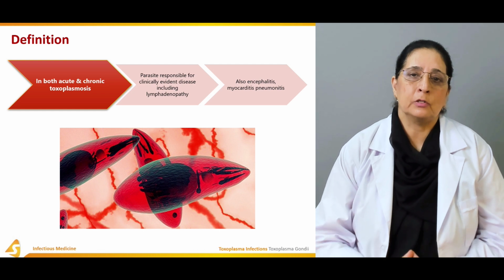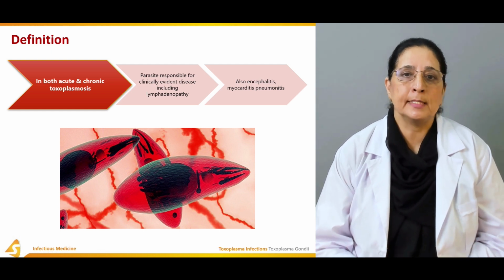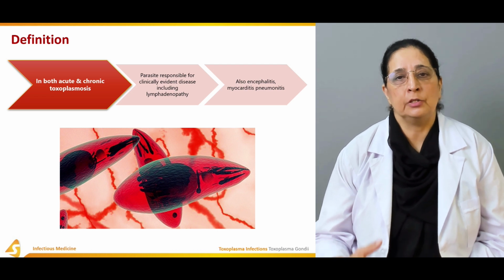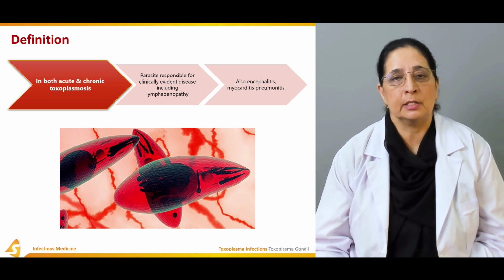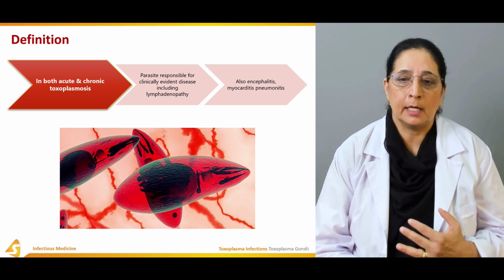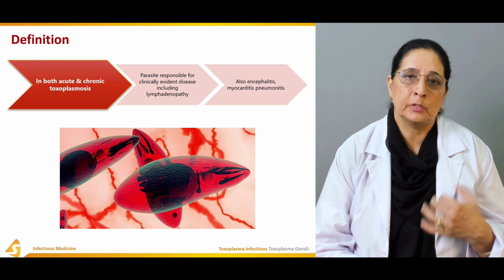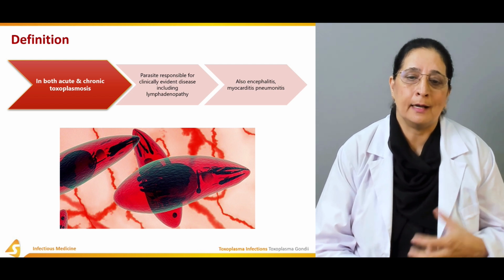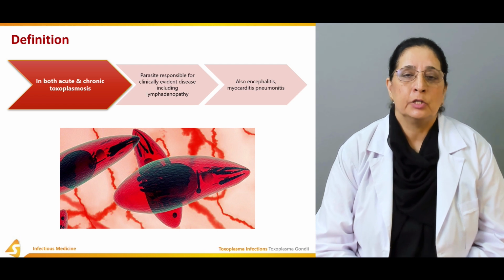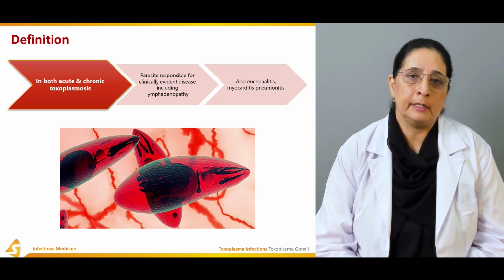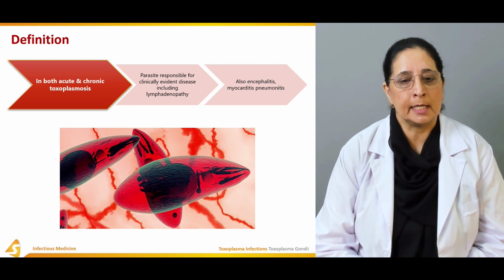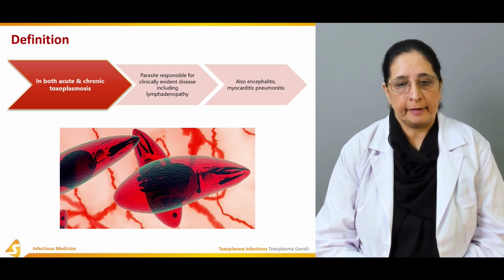So once toxoplasmosis progresses, it can cause serious manifestations. It involves the heart, lungs, and brain, and the lymph nodes become enlarged. It is a serious multi-system infection.